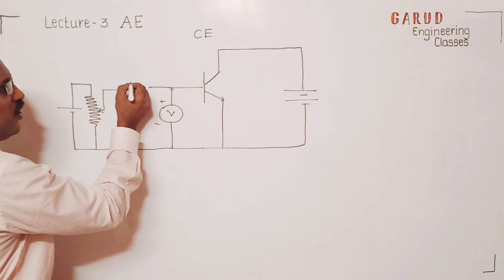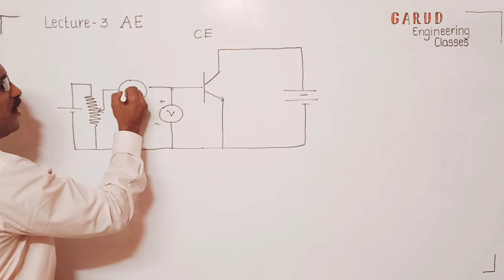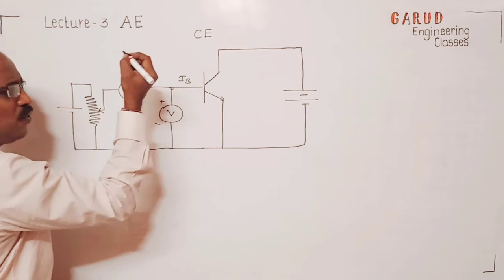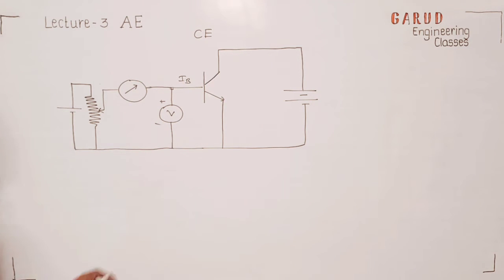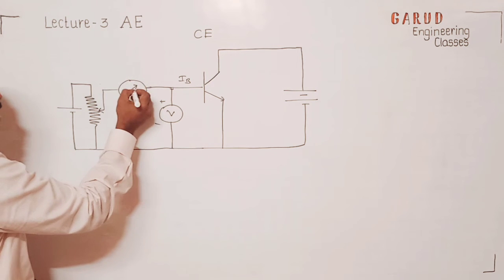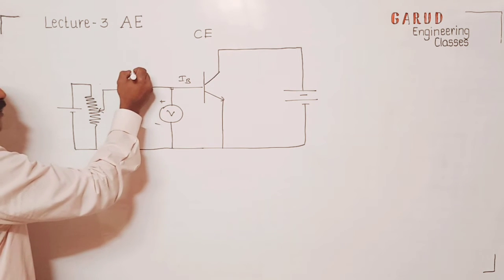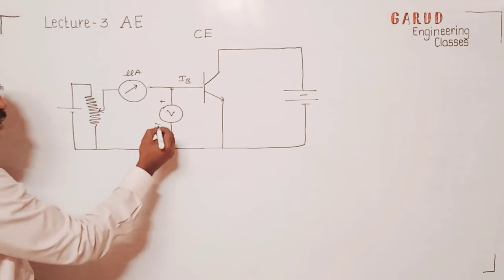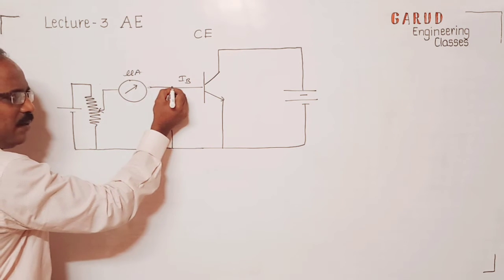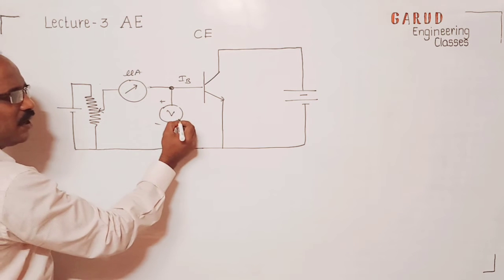I can break the connection anywhere and connect a current meter. Okay, this is the base. So you know IB current is negligible, so this is a microammeter. This current is IB. This voltmeter is connected between base and emitter, so its voltage is called VBE.